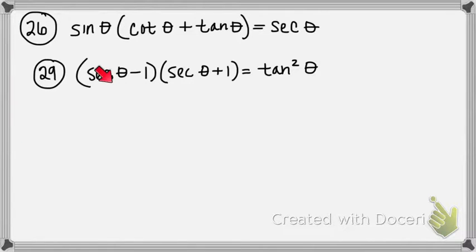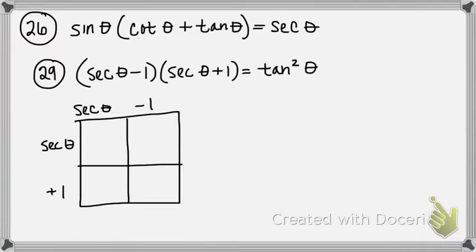What you need to do is make a box and multiply this. If you don't know the pattern, go ahead and multiply these together. So when you multiply that out, that's what you should get.